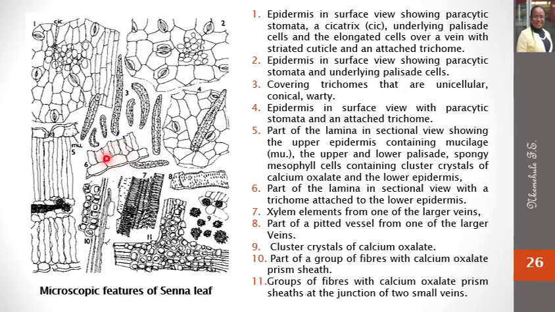Fragment means it's in powder form. Likewise, 8 is a fragment of the xylem vessel, which is pitted. So in summary, this is the report of microscopy of Senna leaf.